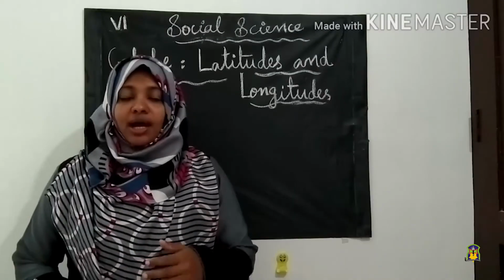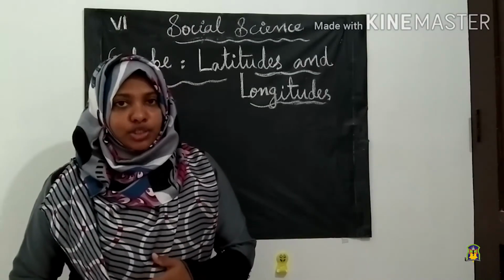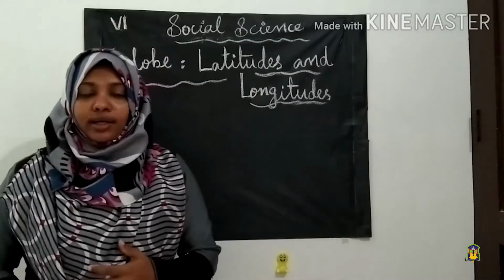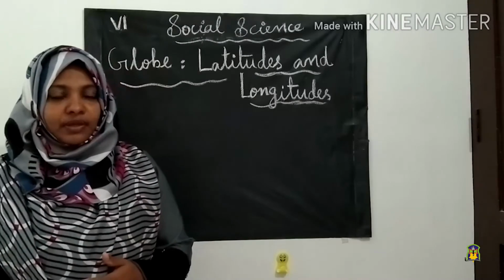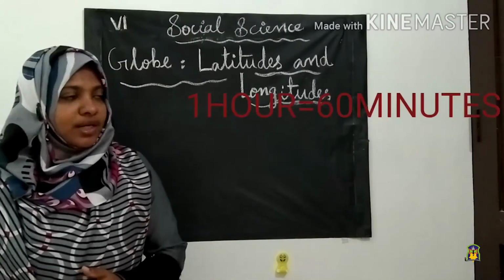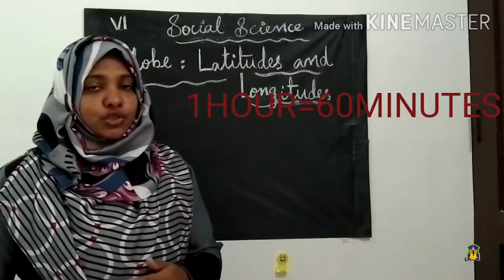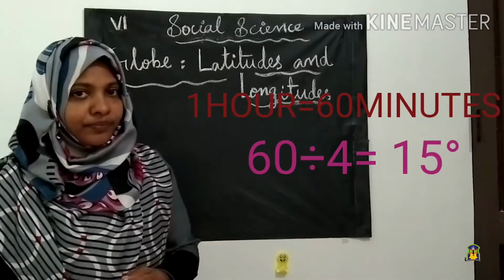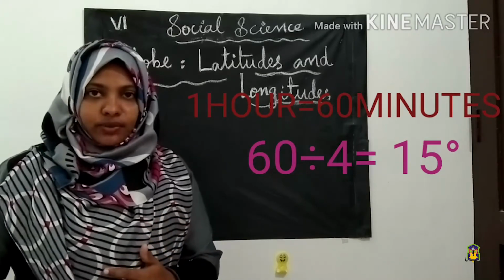Let's check how many degrees of longitude the earth's rotation covers in a 1 hour period. 1 hour is equal to 60 minutes. So 60 divided by 4 is equal to 15 degrees.